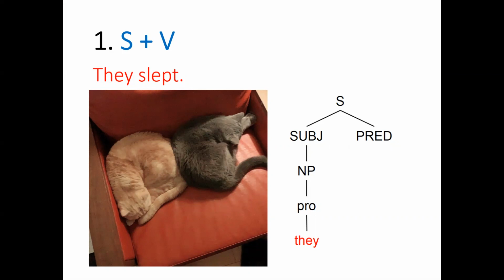To account for the remaining elements of the sentence, we need to generate the verb sleep, and we also need to signal that the verb is in the past tense. To do this, we'll use the two categories, auxiliary and verb phrase. So first, the auxiliary. This category actually brings together all the additional or extra information about a verb phrase.